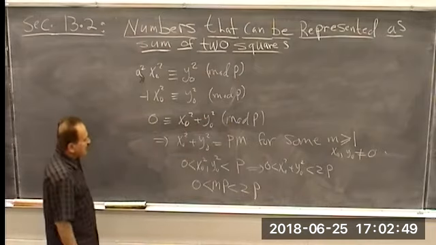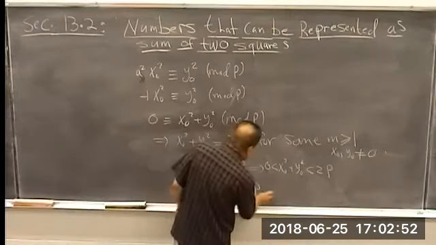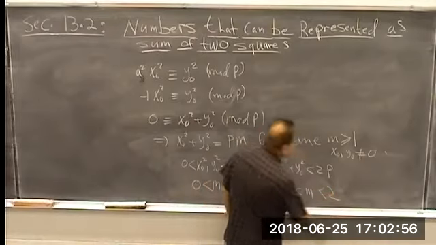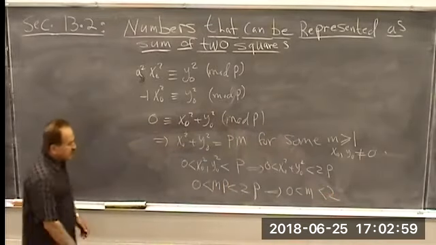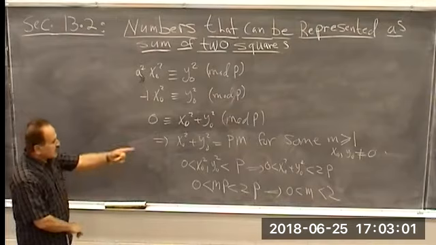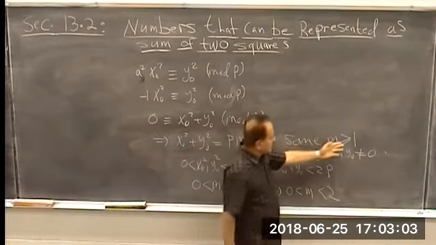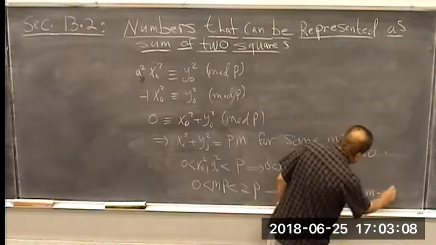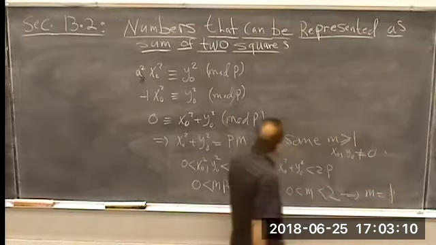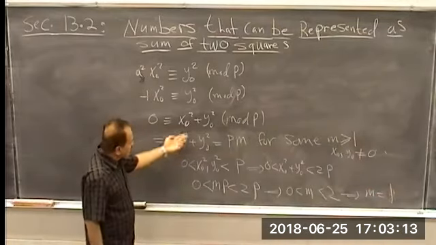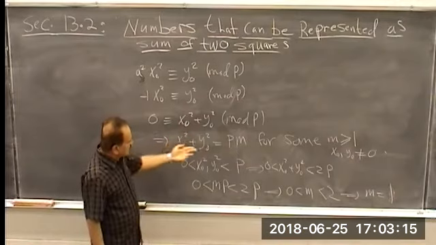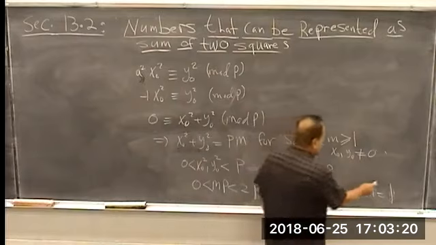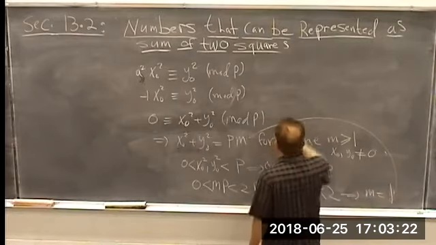And if I divide by p, I get 0 less than m less than 2. So the only integer that is between, it cannot equal 0, so m must be equal to 1. So this means m is equal to 1. And therefore, yes, we found x sub 0 and y sub 0 that give you p. Therefore, finally, put this one in here, and this gives me.